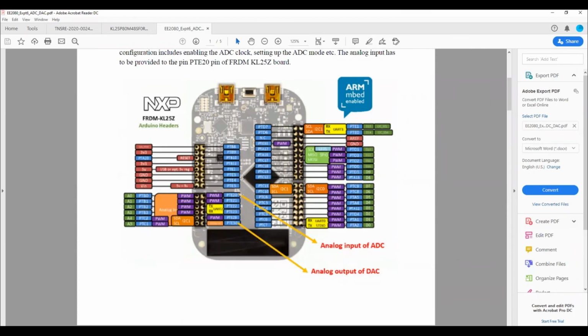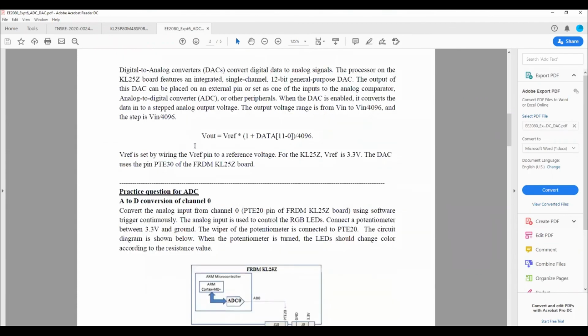So this is the ADC pin PTE20. And this is actually the output, P30. And there is a certain conversion rate, for example, V in. This is important because when you have the voltage measured, you need the scaling factor to convert the digital value which is measured inside in terms of the reference value.